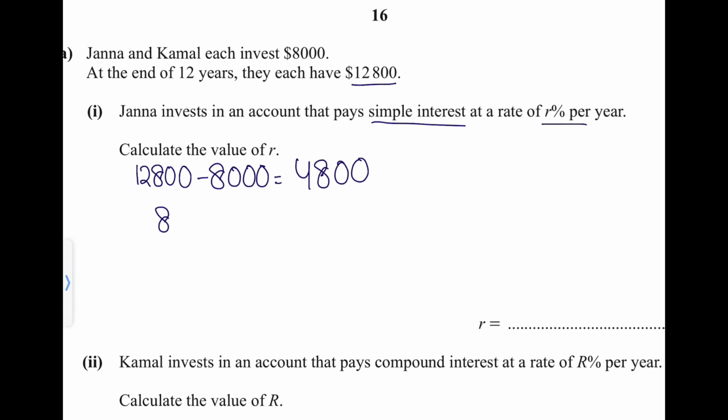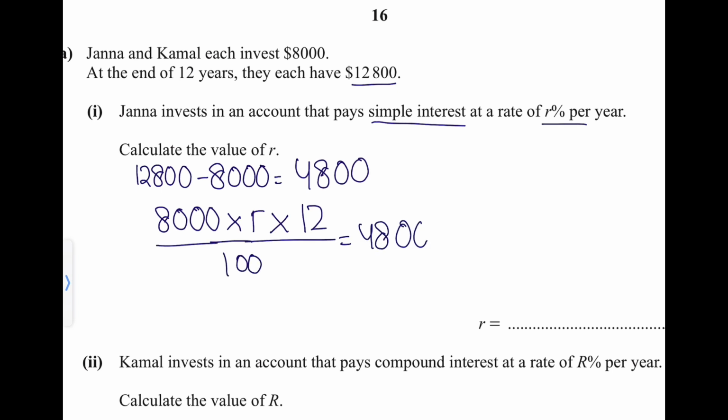So 8,000 into R into 12 years divided by 100 is equal to 4,800. Now what is 8,000 into 12? That is 96,000. Alright, so 96,000 R is equal to 4,800 into 100, that would be 48,000.